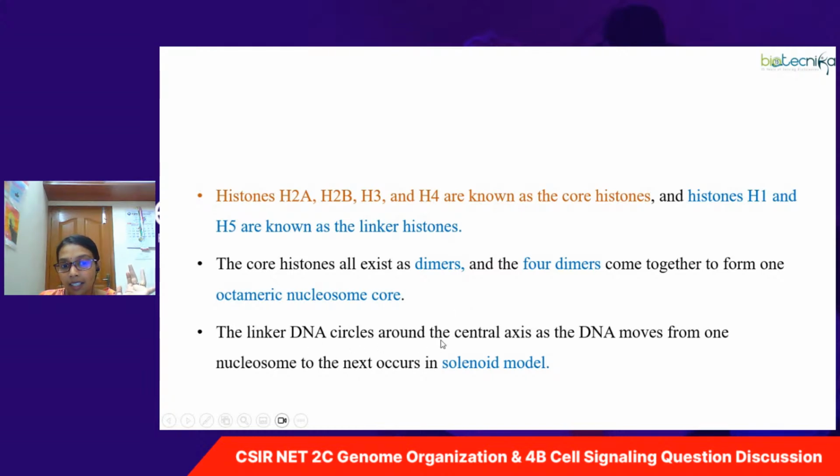Linker DNA circling around the central axis as the DNA moves from one nucleosome to the next, we call the solenoid model, not the two-start helix. Okay, you understood, right? So like this, you have to approach a question, understand it, and give the answer. I hope you are all following this organization part.